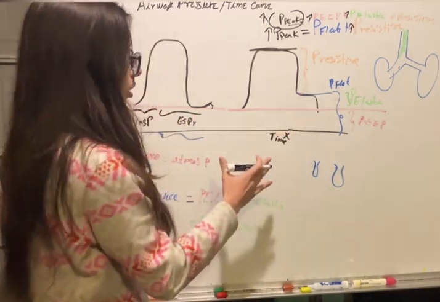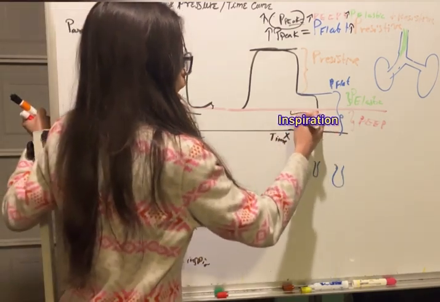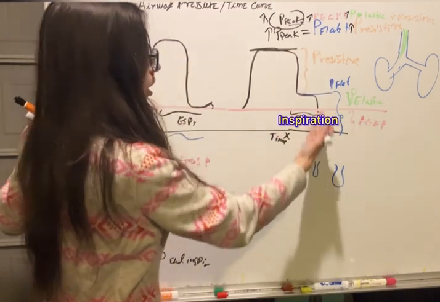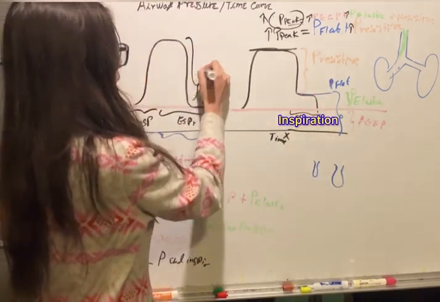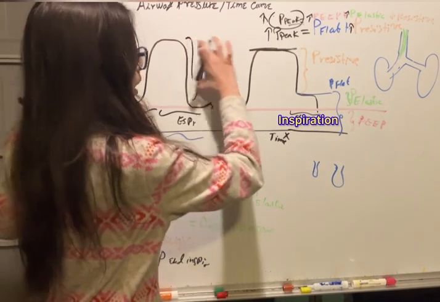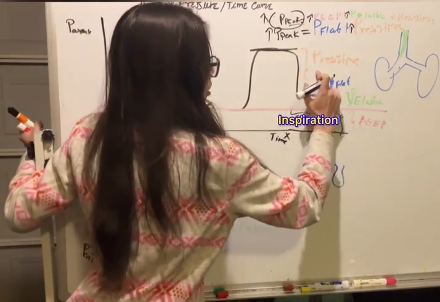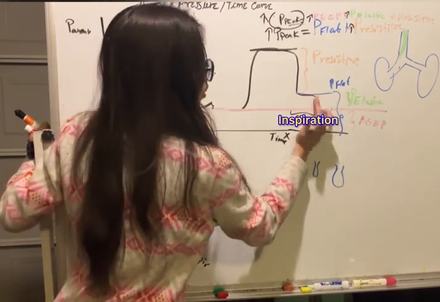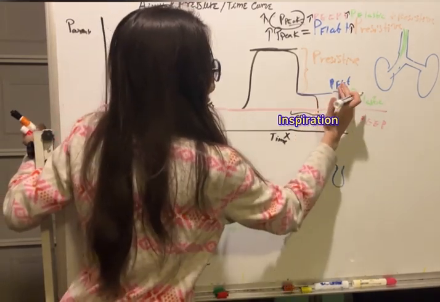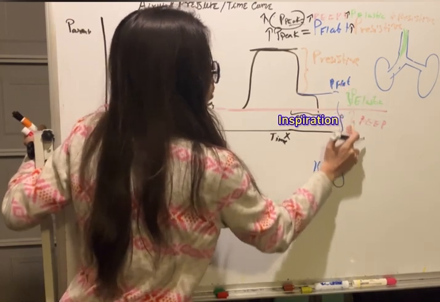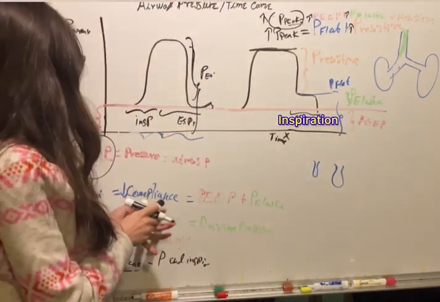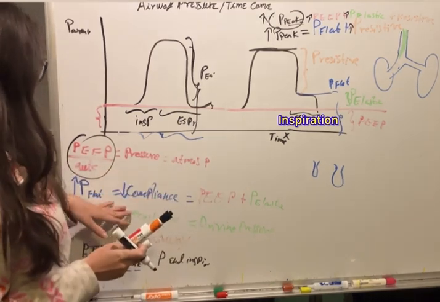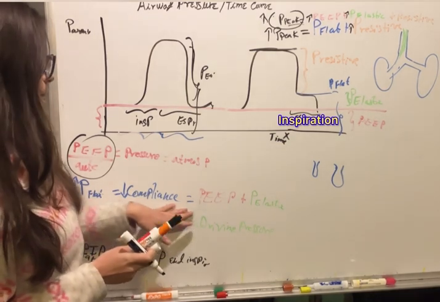Here we are holding expiration to be able to separate the pressure, because all this is the peak inspiratory pressure, which is divided into resistive pressure and flat pressure, which is all this, which is divided into elastic pressure and positive end-expiratory pressure. So positive end-expiratory pressure is the pressure at the end of expiration. The flat pressure is a surrogate of the compliance.